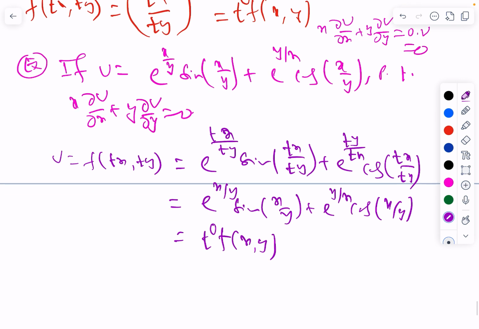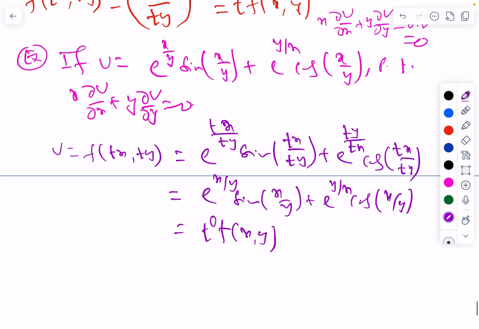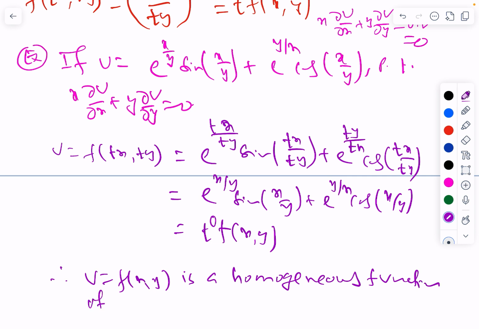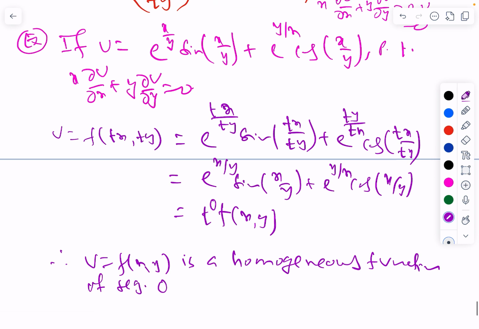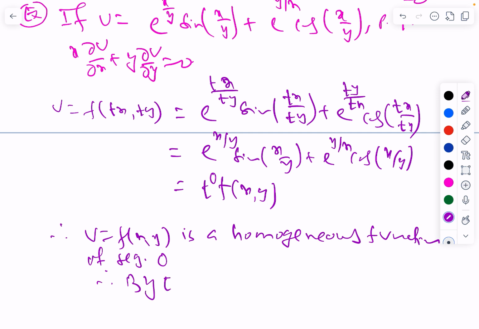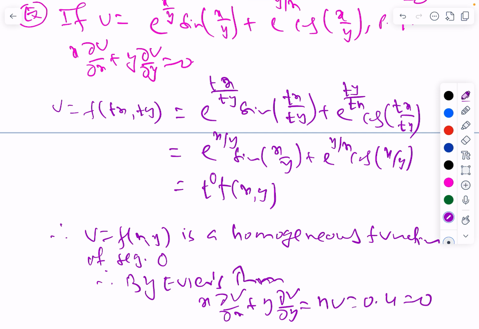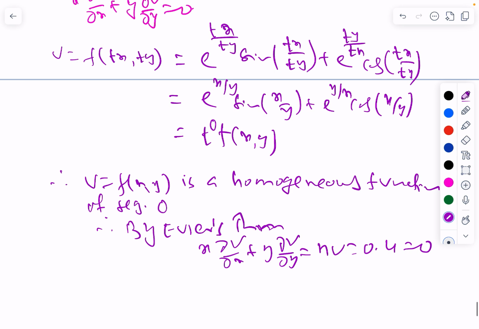So it is a homogeneous function of 0 degree. Okay, so you can say that therefore u equal to f of x, y is a homogeneous function of degree 0, and therefore by Euler's theorem, x del u by del x plus y del u by del y equal to n times u, and so that is 0 times u, and so that is equal to 0.